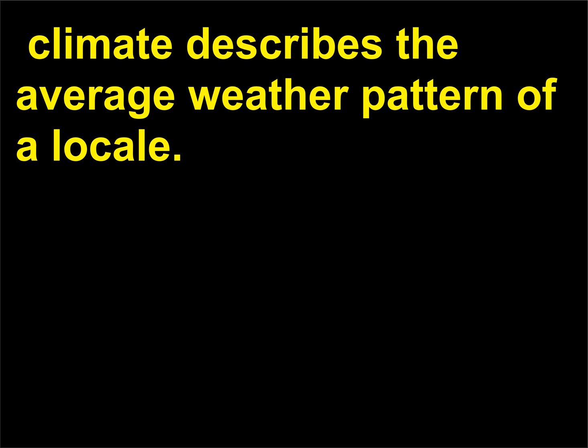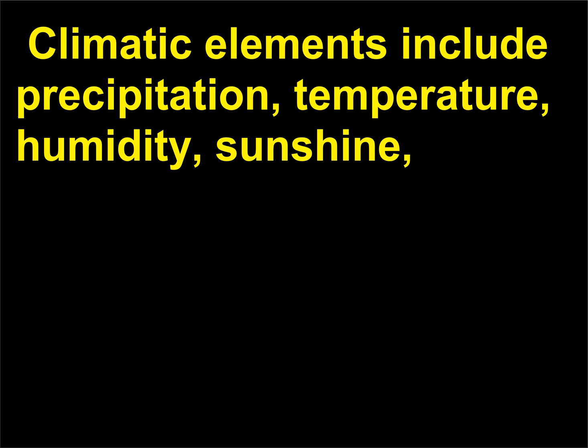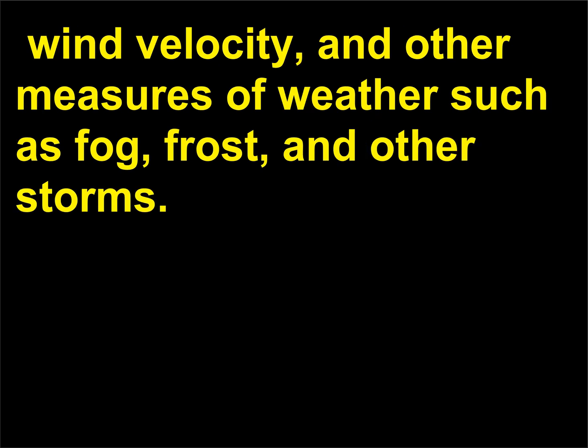Climate describes the average weather pattern of a locale. Climatic elements include precipitation, temperature, humidity, sunshine, wind velocity, and other measures of weather such as fog, frost, and other storms.